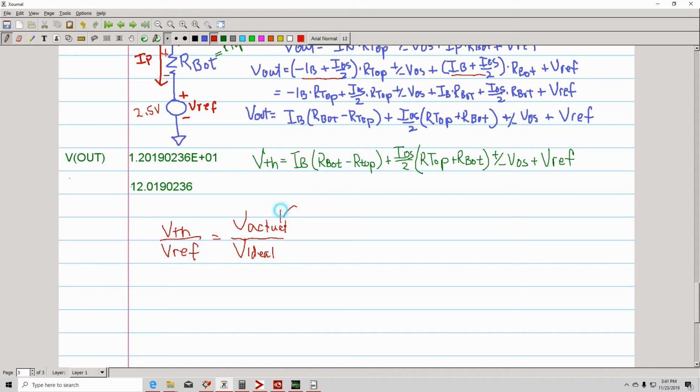Actual is the one with the errors, and this ideal is what we calculated right here. Actually this would be the V ideal, and this would be your 2.5, and then this is what we're going to calculate, which is this here. Okay, hopefully that makes sense.